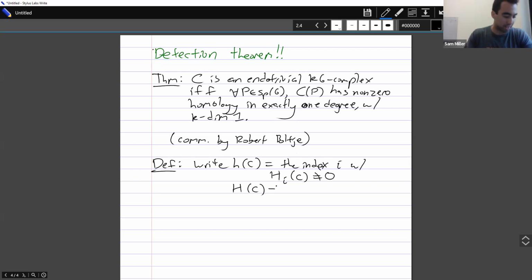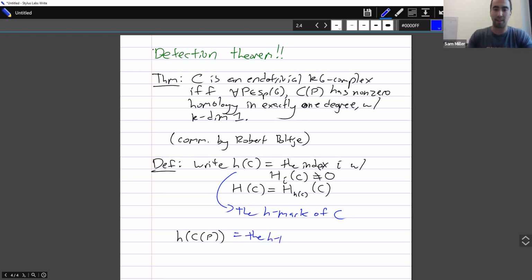We'll write capital H(C), an abuse of notation, and I like to call this the H-mark of C. More generally, I also write h(C_P), noting that C_P is also endotrivial. This is the H-mark of C at P.